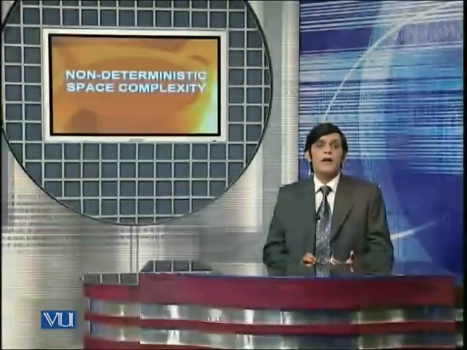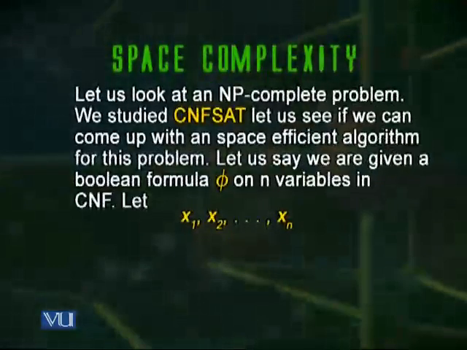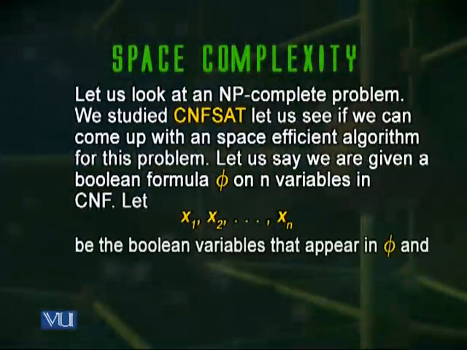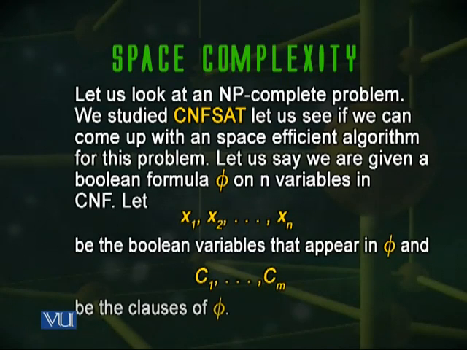You remember what conjunctive normal form is. You're given clauses, and the question is whether there is an assignment which satisfies each clause. Let x1, x2 all the way up to xn be the Boolean variables that appear in this formula phi, and let c1, c2 all the way up to cm be the clauses in this formula phi.